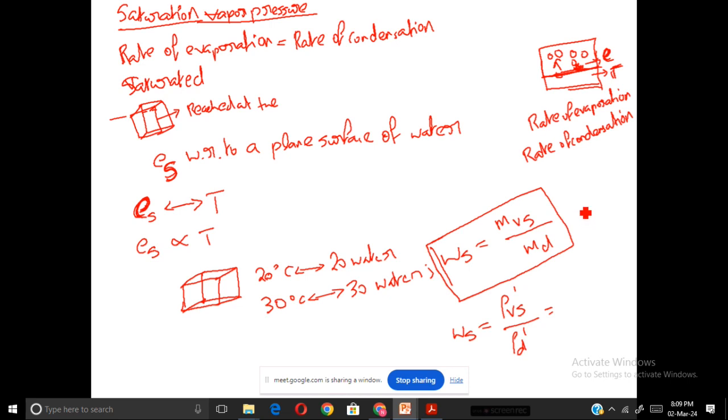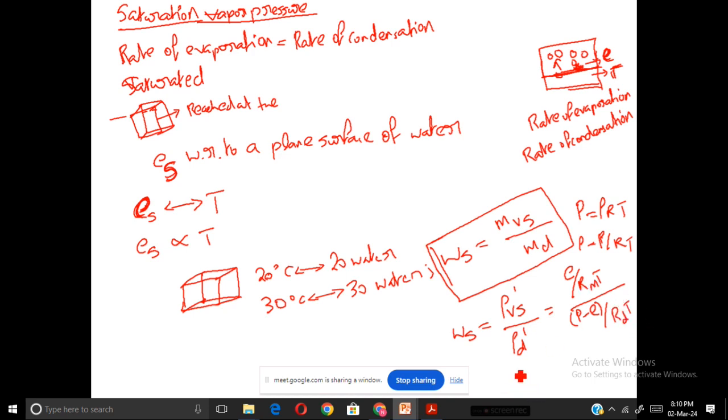So rho, according to the ideal gas equation, P is equal to rho RT, or rho is equal to P by RT. So in case of water vapor, it will be E by Rv into T, and in case of dry air, it will be P minus E, where P is the total pressure. So the pressure exerted by the dry air will be total pressure minus vapor pressure. So P minus E by Rd into T.